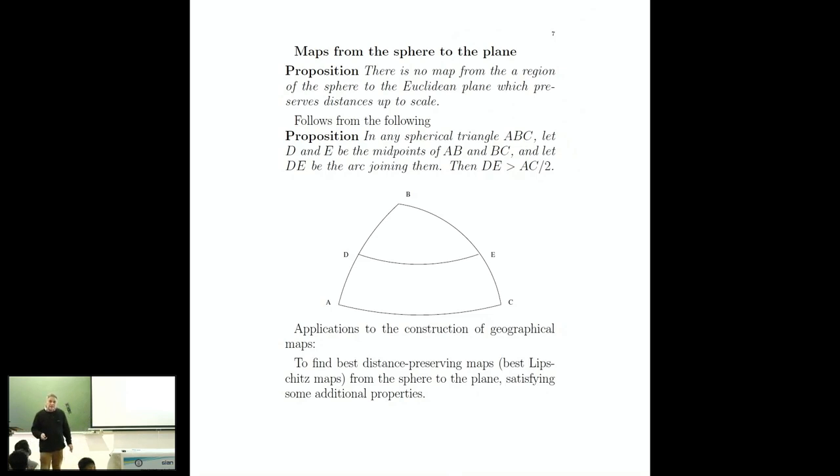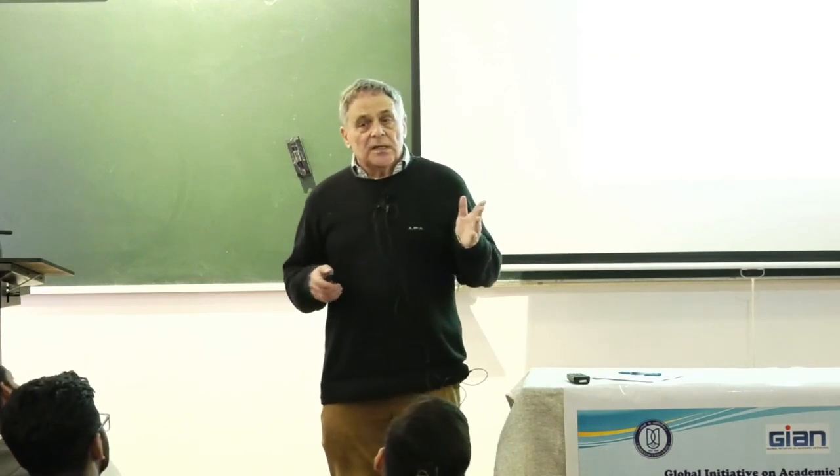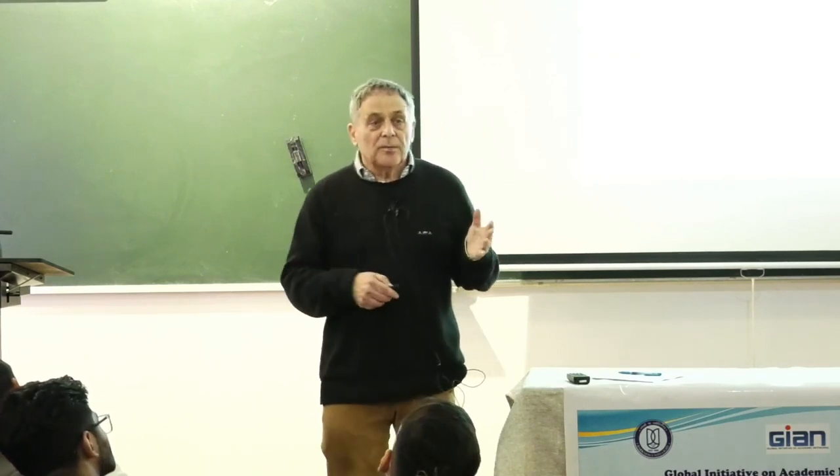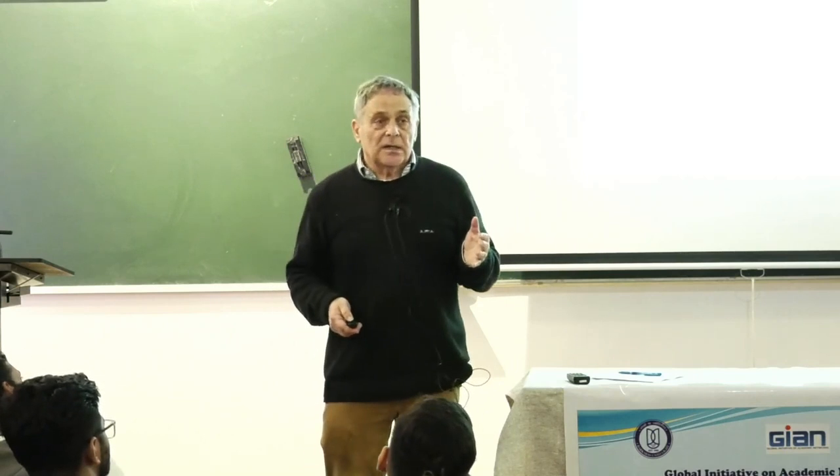And this is why geographers and mathematicians then say, okay, so what do we do with this? People need geographical maps. How do we deal with this? So they always try to find methods of constructing geographical maps which almost preserve the distances up to scale.